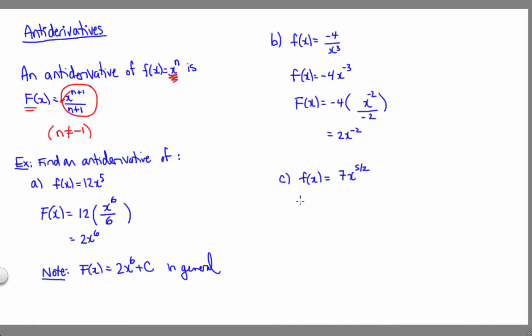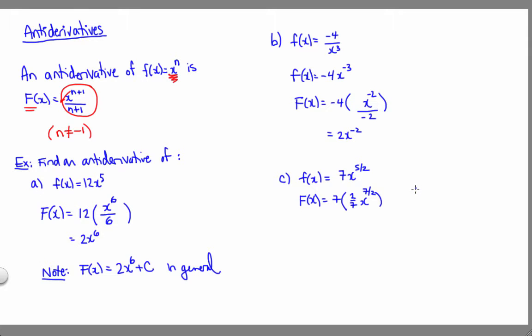To find an antiderivative of this function, let's leave the 7 in front. And we're going to increase the power on the x by 1, so that's now going to become 7/2. And then we like to divide by that exponent. Now, dividing by a fraction is going to result in multiplying by the reciprocal of that fraction.